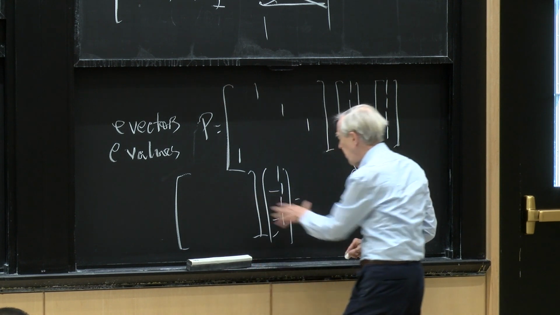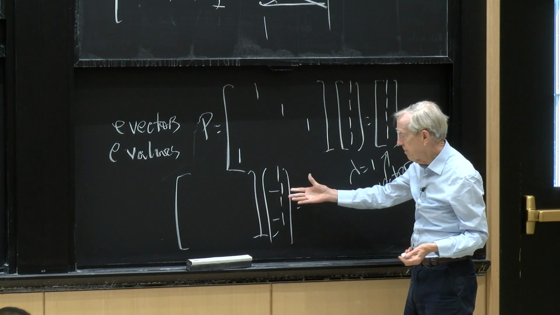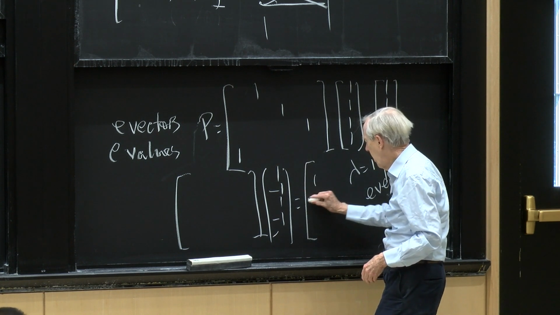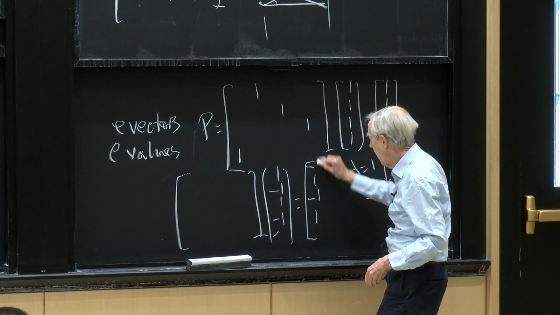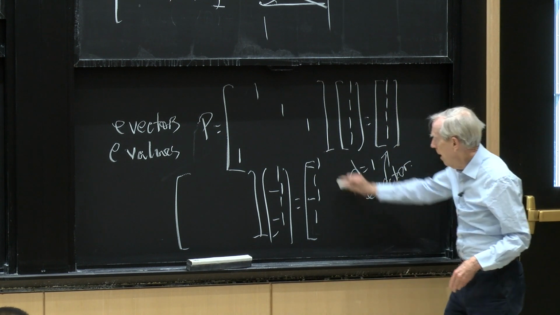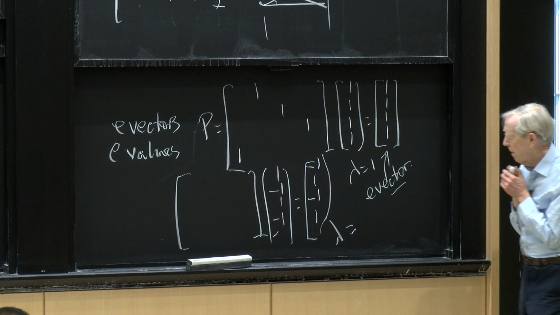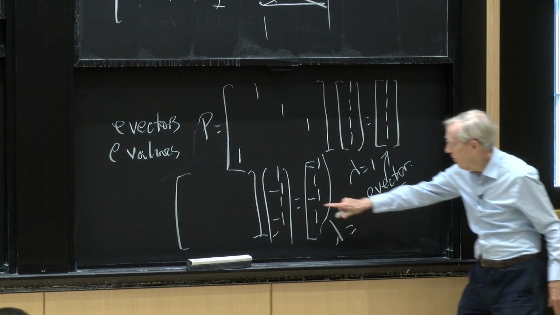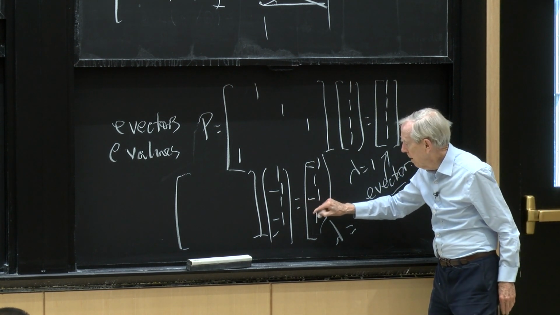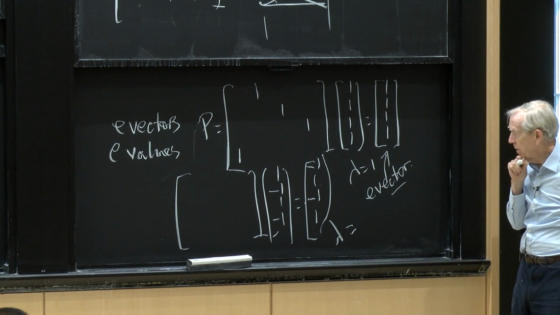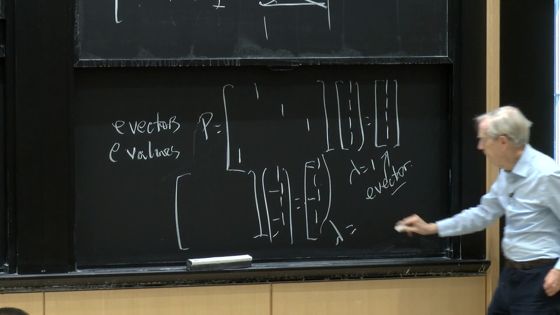Of course, I don't have to do this multiplication. I'm just going to shift this. So I'm going to shift that down, minus 1, 1, minus 1, 1, and cyclically around. And now what's the eigenvalue? It is an eigenvector. And what multiple of that vector gives that vector? Minus 1.